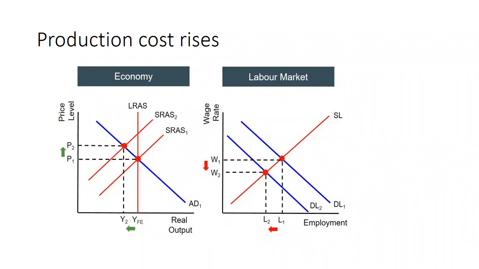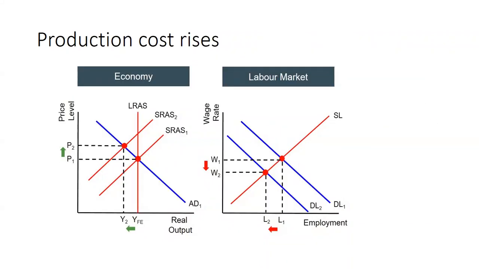And if wages decrease, eventually I'm going to shift SRAS back to the right, and we're back to where we started in the long run. But anyhow, the question here was production cost rise, short run aggregate supply just shifts left. I just took that a little further to talk to you about it.